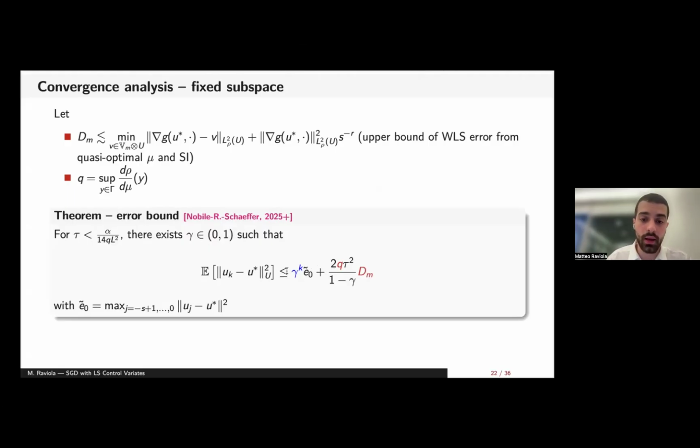So essentially what we have is an exponential convergence up to the least squares error, of course, up to this constant, which involves also this supremum of this Radon-Nikodym derivative.